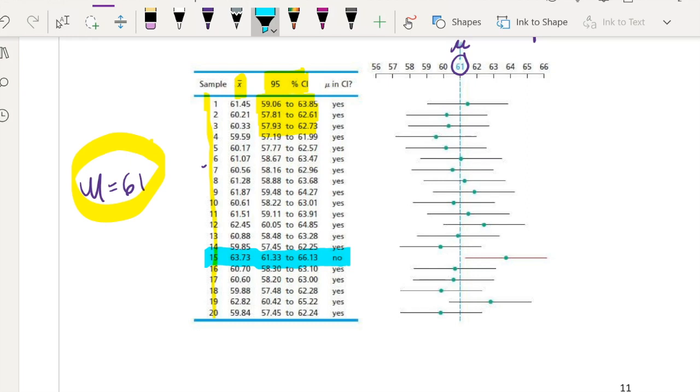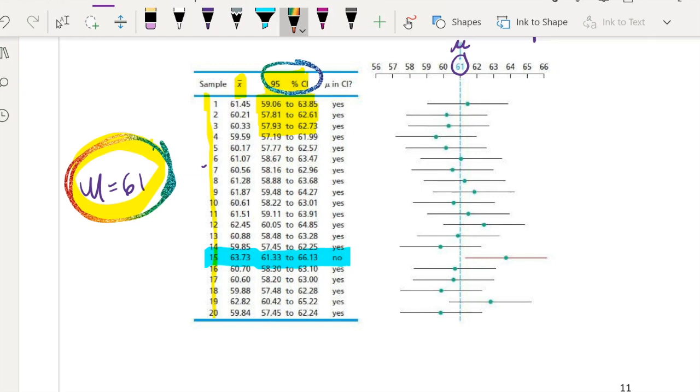It went from 61.33 to 66.13. So yeah, we didn't capture. In this example, we were doing a 95% confidence interval. That means that 5% of the time we're going to fail to capture the true population mean, which in this case is 61.